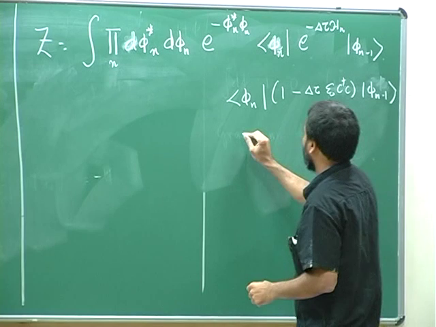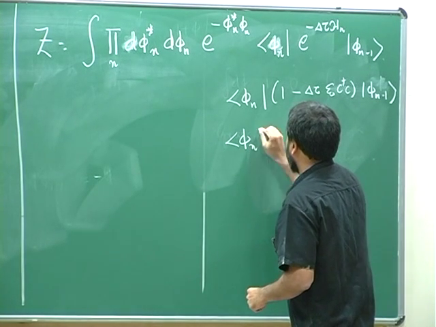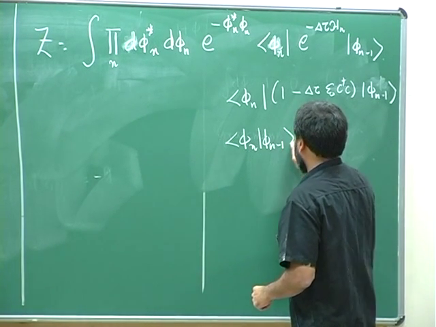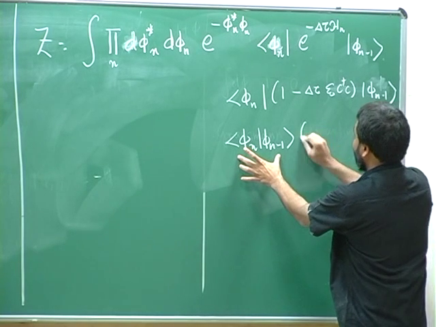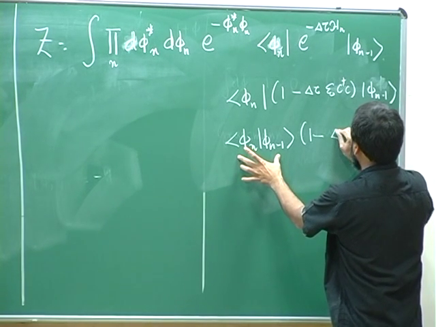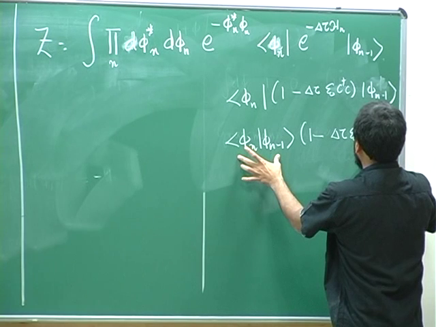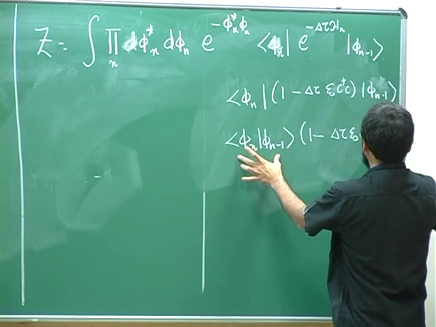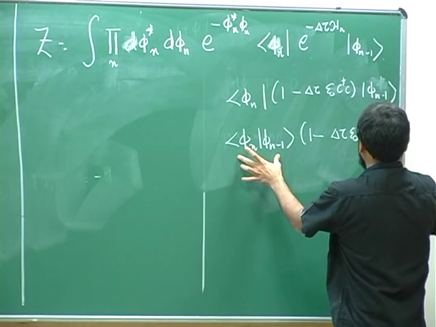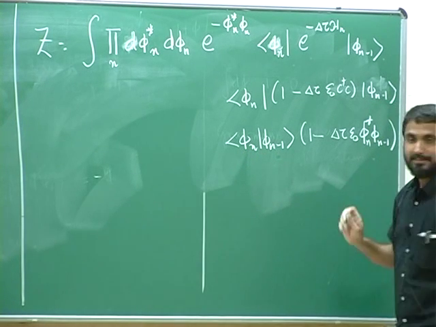Okay, I'll write down and you see whether you like it or not. Phi n minus 1, 1 minus delta tau epsilon 0 phi n star phi n minus 1.